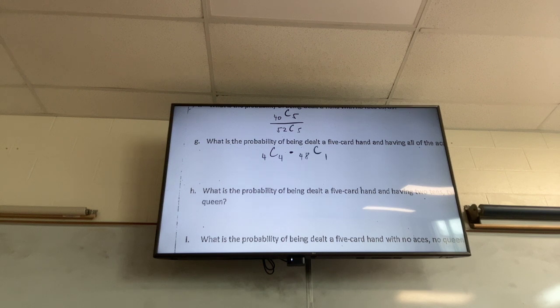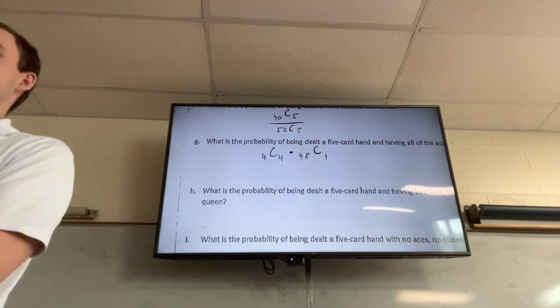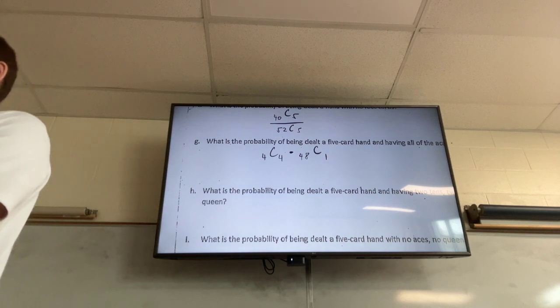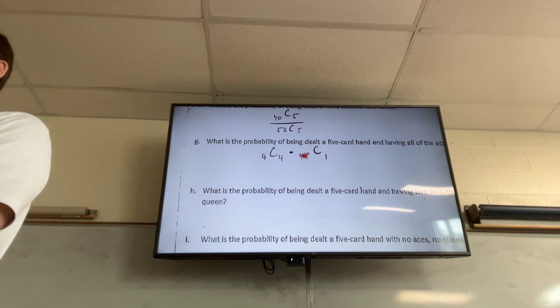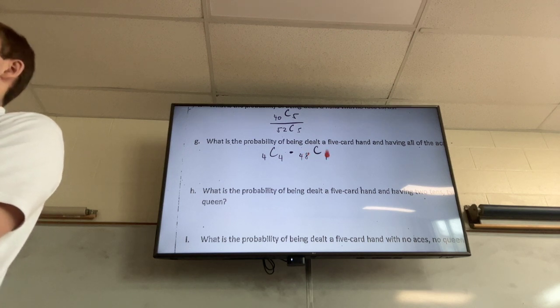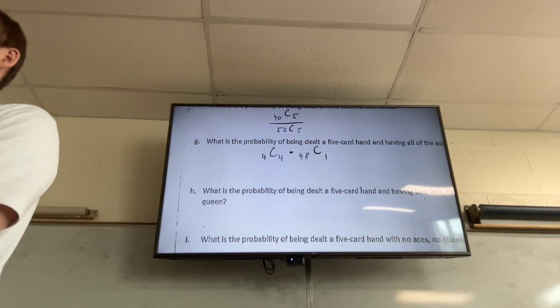Is that confusing? I feel like there's a little logic leap there. So out of our 4 aces, we're choosing all 4 of them, and out of the 48 remaining cards, we're choosing 1 of them. That makes sense? Then we divide that by the total number of hands possible.